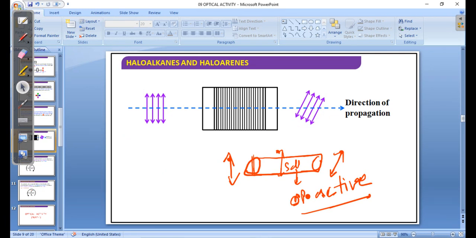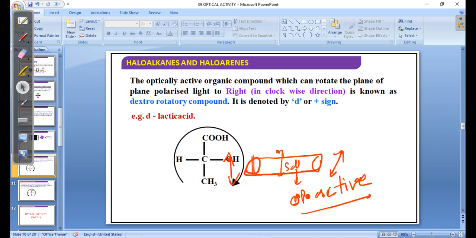So this is the rotation. The vertical line is there, and while moving through the solution, it is rotated. The optically active organic compound which can rotate the plane of polarized light to the right is known as a dextrorotatory compound.